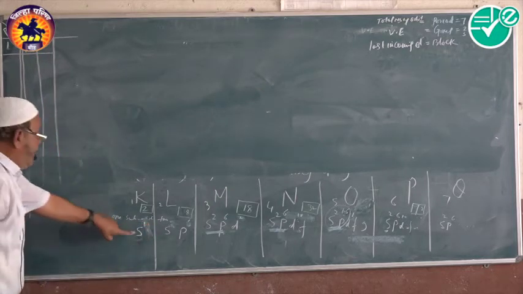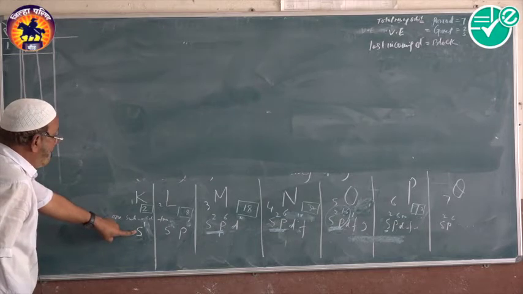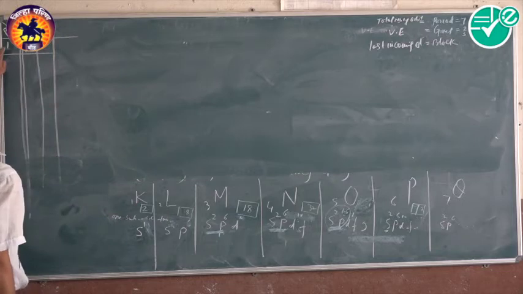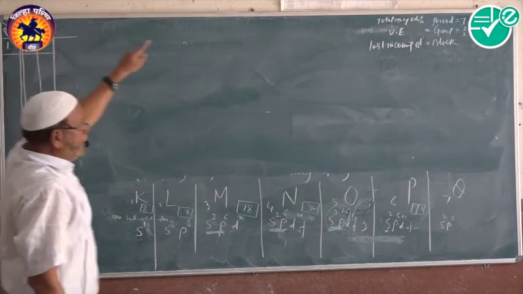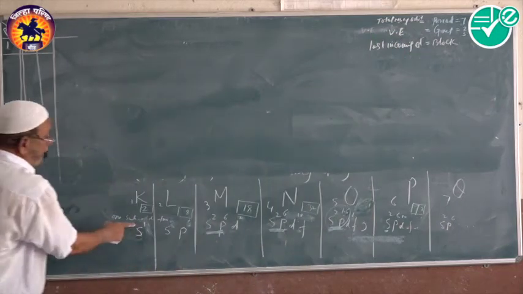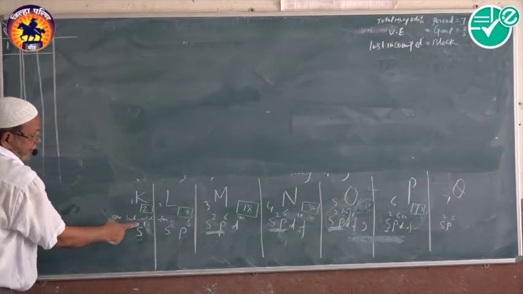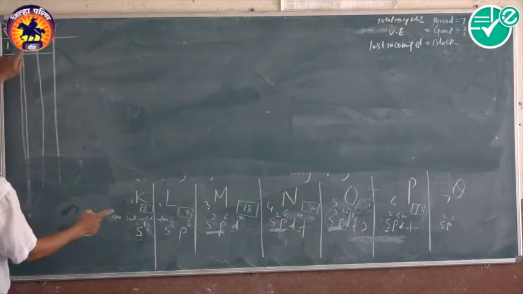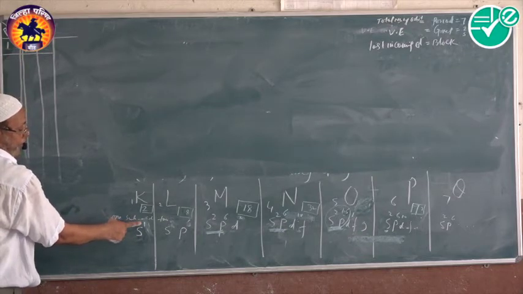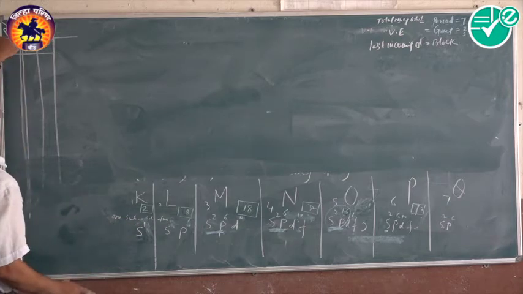See, hydrogen, atomic number 1, will occupy orbit number 1, hence period is 1 and the electron is in S, hence S block. And the valence electron is 1, hence first group.